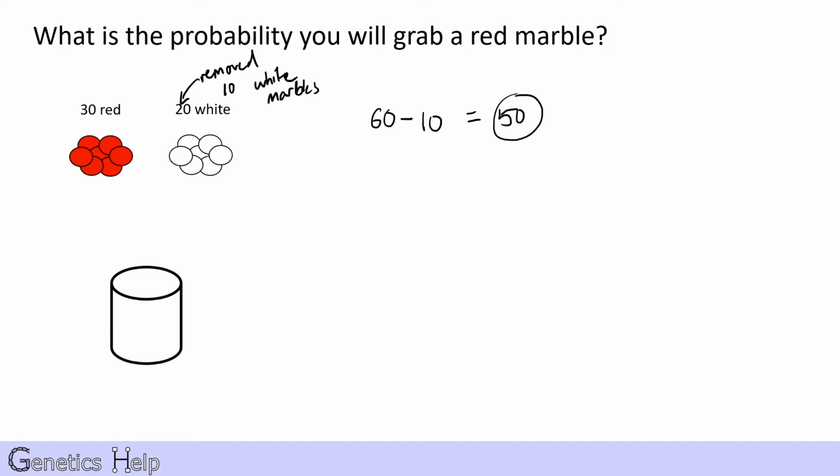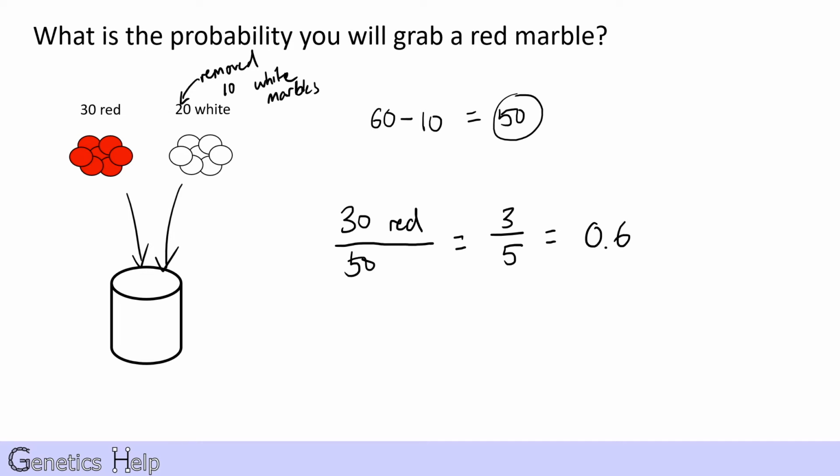It's important to keep track of this. Now we go back to our original where we had 30 red marbles. Now we're going to divide by the new total, which is 50. And you could reduce it to 3/5, which is the same as the probability being 0.6 or a 60% chance.